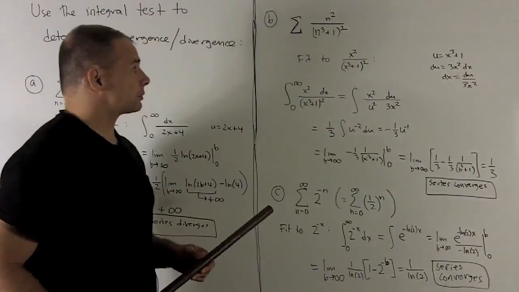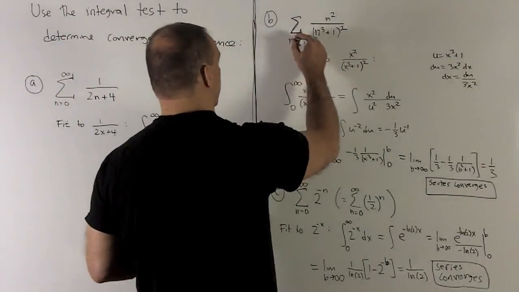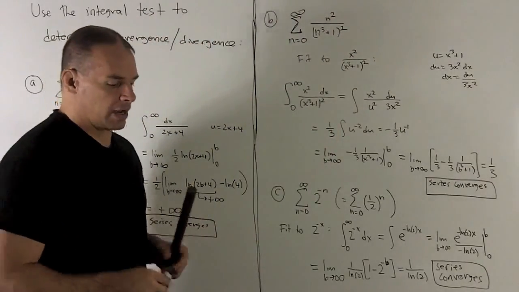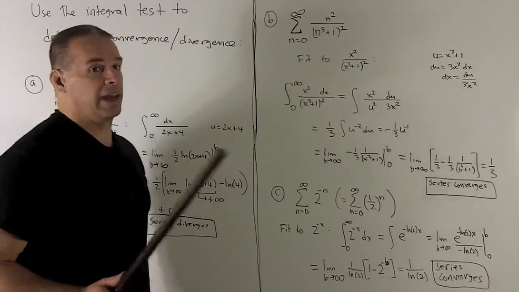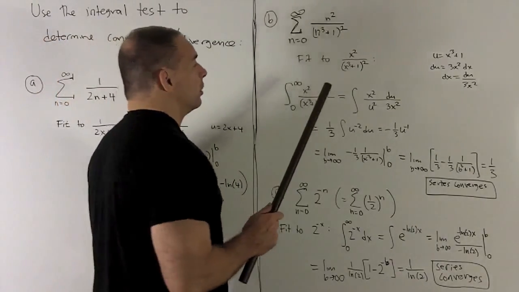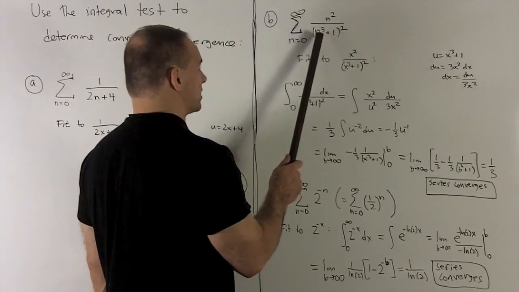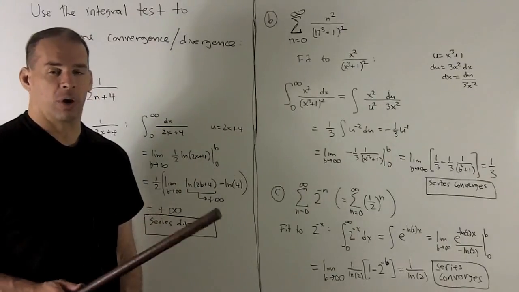All right. Let's try the sum from n equals 0 to infinity of n squared over (n cubed plus 1) quantity squared. Again, we try the limit test. Well, here we're looking at a limit of essentially n squared over n to the 6th power, or roughly 1 over n to the 4th power.